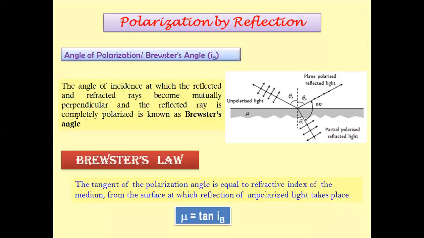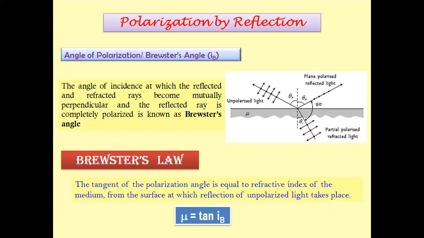Now, we focus on polarization by reflection. Two things are very important. One is Brewster's angle or angle of polarization, which is denoted by IB. Here is IB. And the other is Brewster's law. Let us consider an unpolarized light falling on a reflecting transparent medium, and the light rays are reflected as well as refracted.